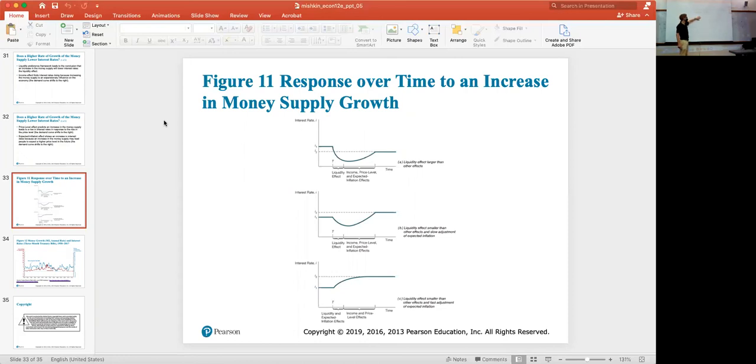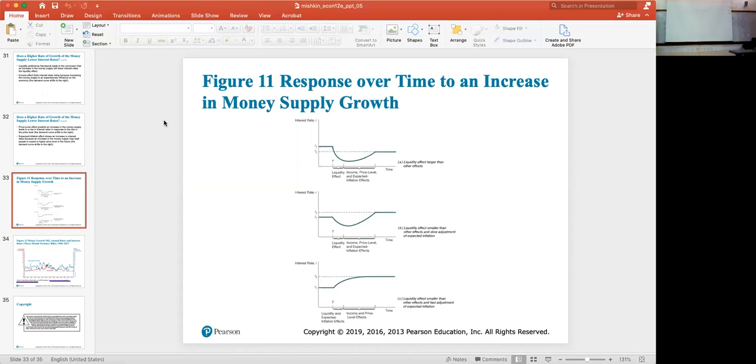One alternative is the interest rates fall, and then over time, maybe there's a little bit of bump back in inflation, but in general, interest rates stay lower than they were. Or there's the opposite scenario, where the liquidity effect kicks in immediately, but then the expected inflation effect begins to kick up and it drives up interest rates. And then the third scenario would be there's hardly any liquidity effect. All this does is increase inflation.